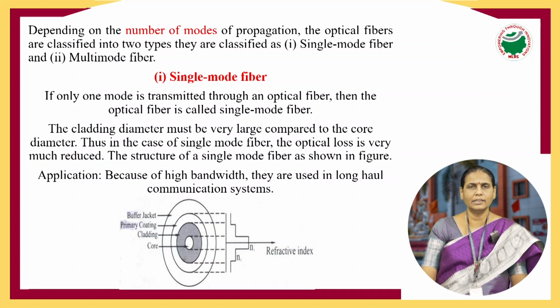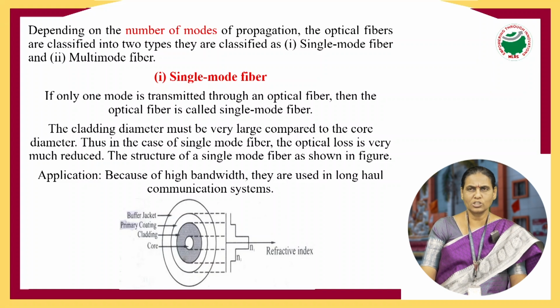Here, we are talking in terms of the diameter of the core and cladding. Always the diameter of the core will be less when compared with that of the cladding. Thus, in a single mode optical fiber, the optical loss is very much reduced. Why? Because we are transmitting only one signal. That signal will automatically pass through the narrow gap present in the core. That's how the loss is reduced in this optical fiber.